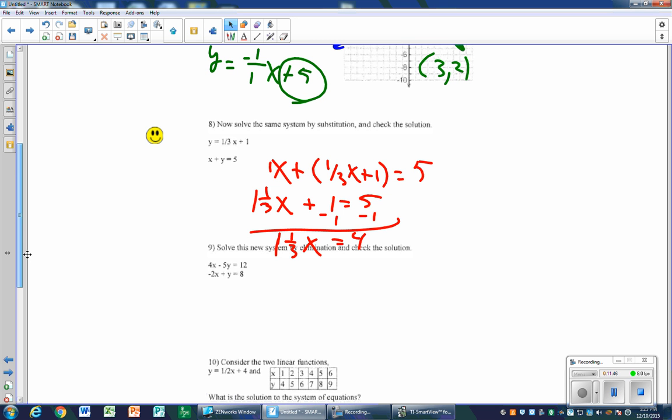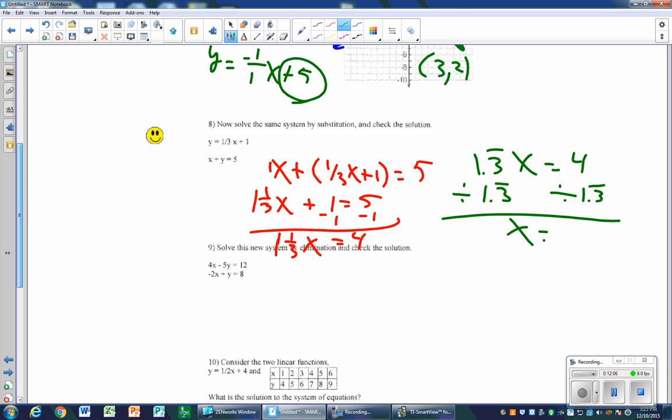Okay, now, what is 1 and 1/3? 1 and 1/3 is 1.3 repeating. So we are going to divide both sides by 1 and 1/3 repeating, 1.3 repeating.